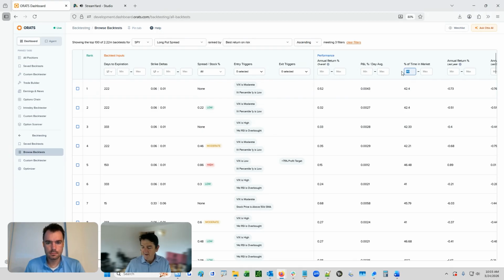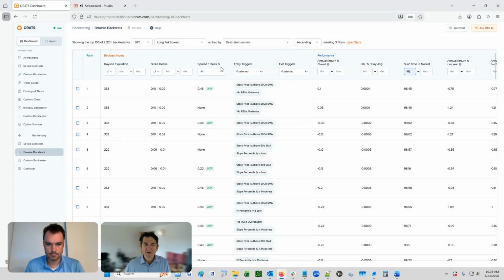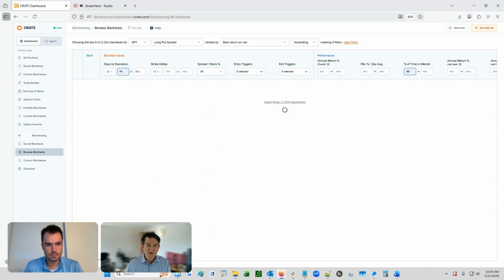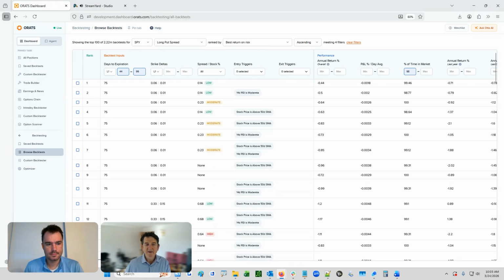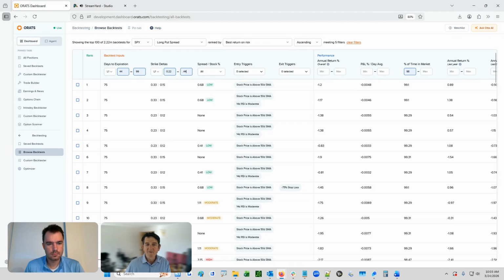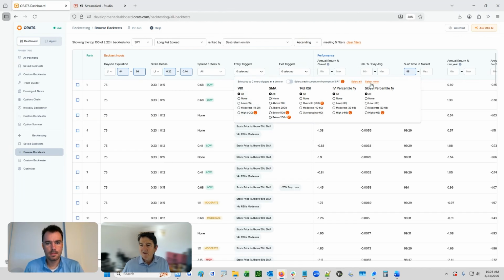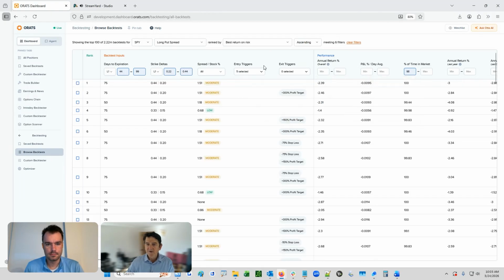So I want it to be like 98% of the time. And I want more in the money and not too long term. So I want to be between 44 and 99 days, and have my delta be at least 22 and 44. And then not use any, select none of the entry triggers, because I'm going to set up my entry triggers.